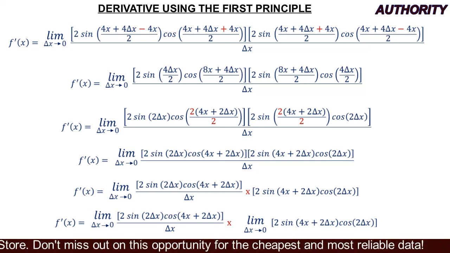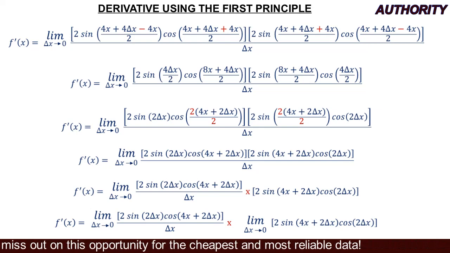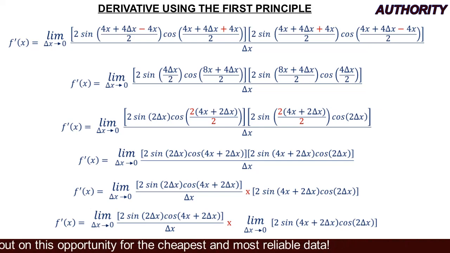Hello, are we together? Yes. So when you multiply these two limits or these two expressions, it is the same as what we have above. Okay? Yes. Now let's go.